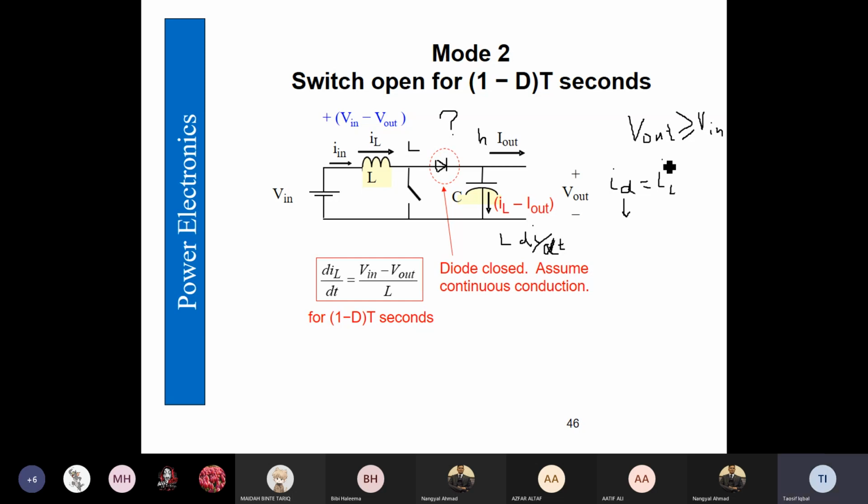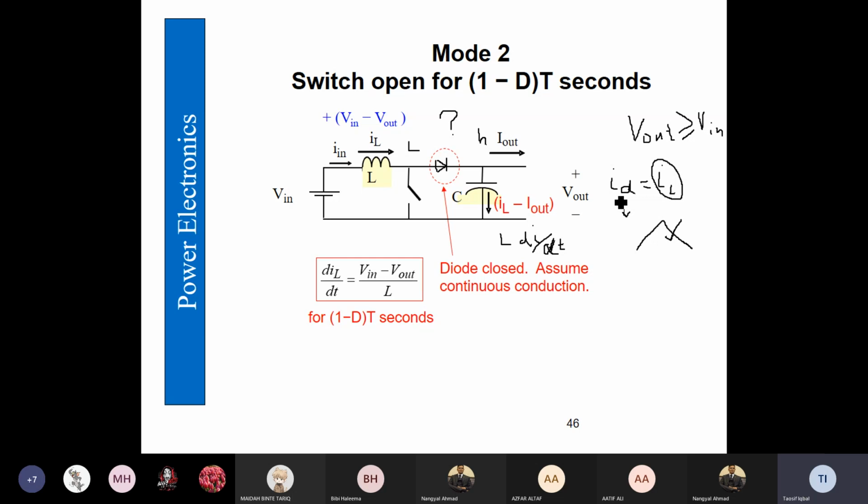Okay, because inductor current is going to flow for the whole cycle. When mode 1 is there, inductor current is going to rise, and then it is going to fall. But the diode current is non-zero only when the inductor current is falling.